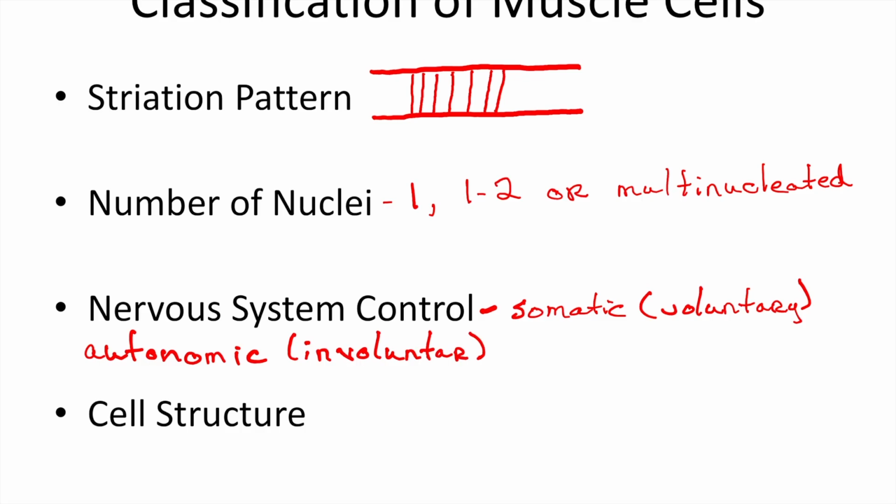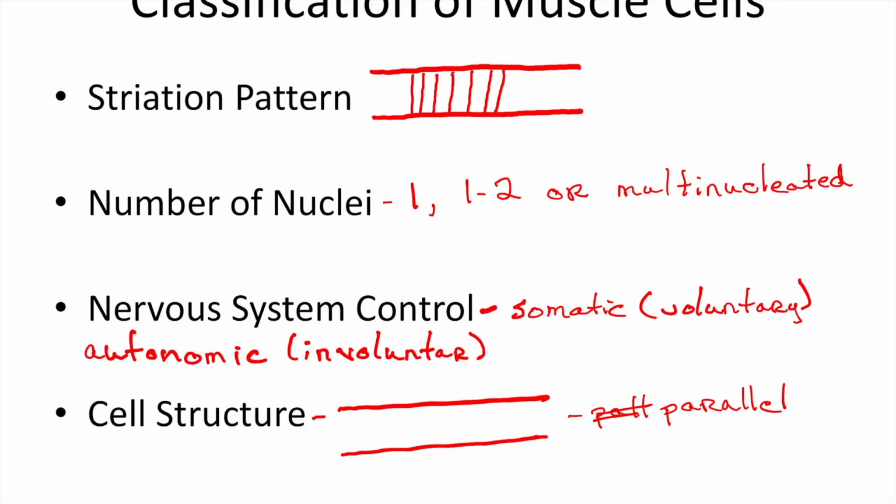The 4th characteristic is cell structure. Does the cell run end-to-end parallel, like you're seeing here? Or do the fibers actually come off and form branching patterns?